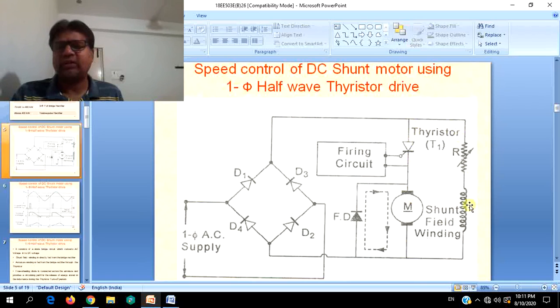The shunt field is constant, it will be the same path for that. So voltage is fed via D1, SCR, armature, D2 and back to the supply. During the positive half cycle, voltage is fed like that.